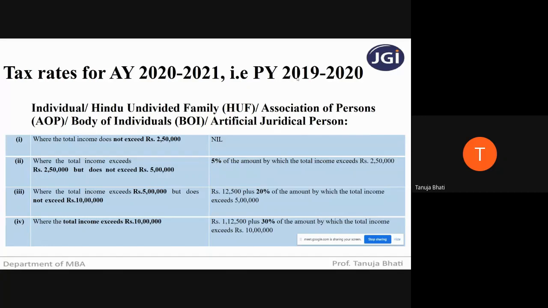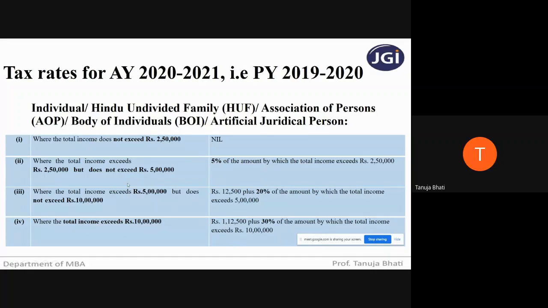Because for an assessment year which has not yet come, they will not give problems. Are you all understanding? Everyone has got it, right? Okay. So can we move ahead?